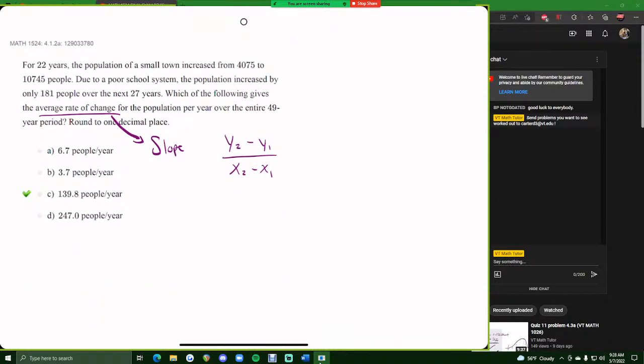All right. In this problem, they give us the population changes over certain intervals. And at the very end, they ask us, what is the average rate of change over the entire 49-year period?